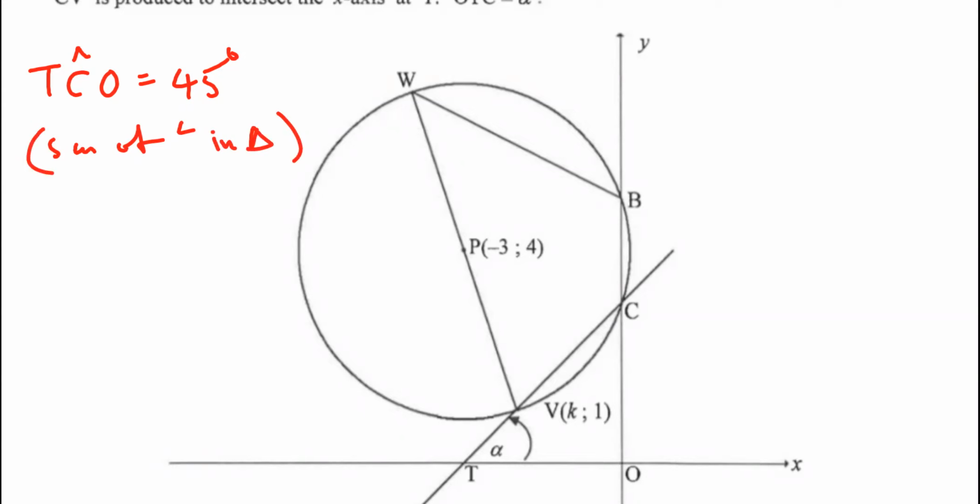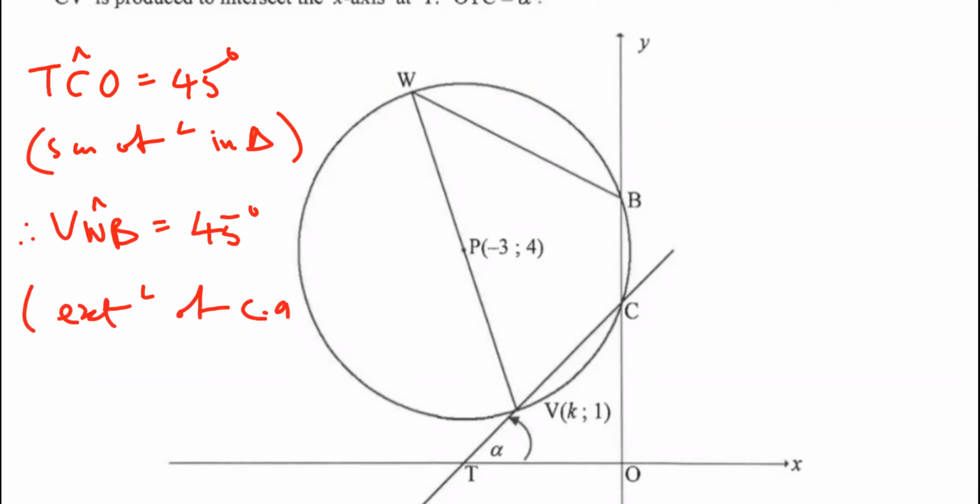Right? And then I say, therefore, angle VWB, this is the one that they wanted us to calculate, is then also 45 degrees because of the exterior angle of a cyclic quad. Okay, so just those two reasons that you have to give. Sum of angles in a triangle, exterior angle of a cyclic quad.